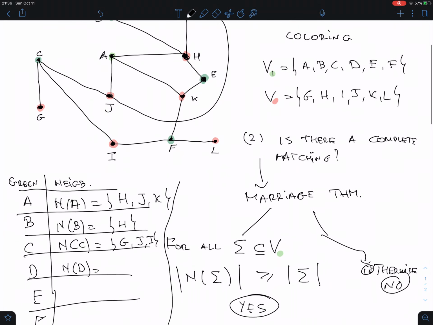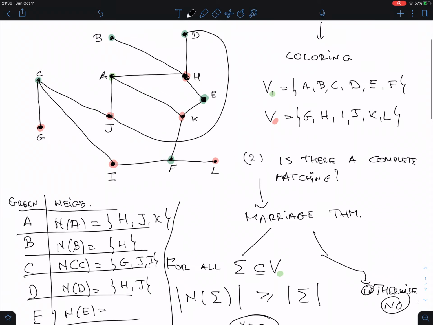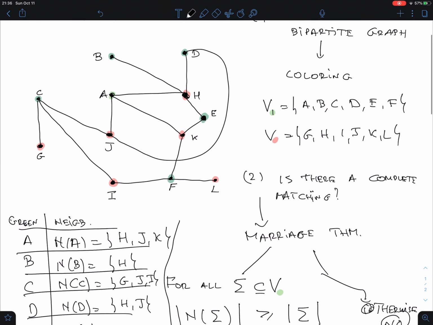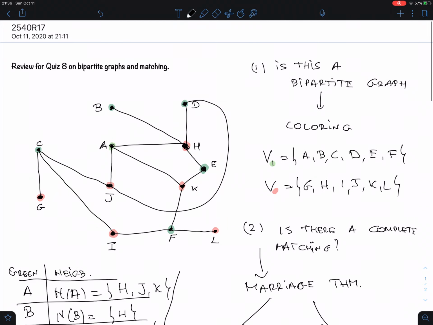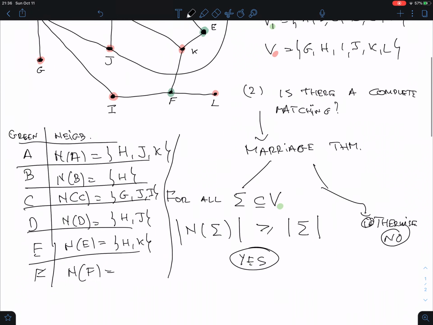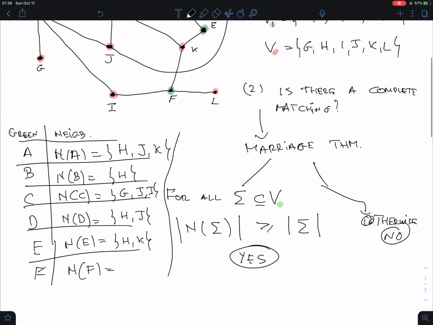H and J. The neighbors of E: H and K. And then finally the neighbors of F. F has I, K, and L.